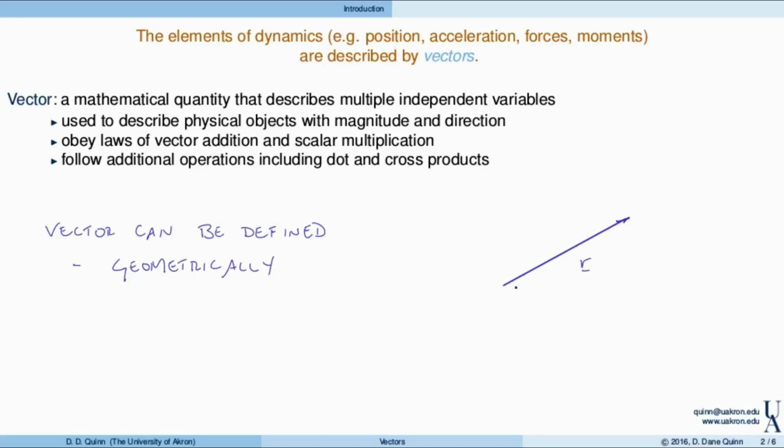So we have this arrow here that starts here and goes there, and that arrow represents a vector. And in particular, this vector is independent of how we choose to measure. So it's independent of the measurements that we choose to describe it.